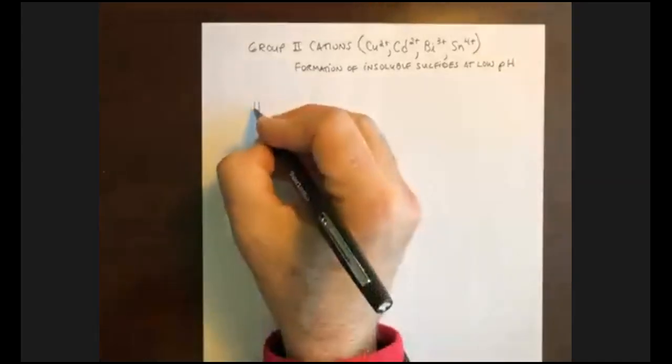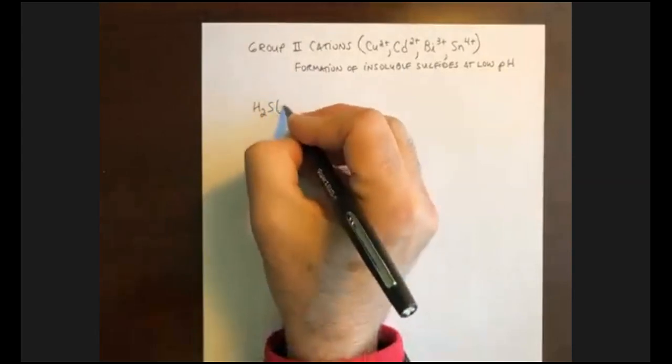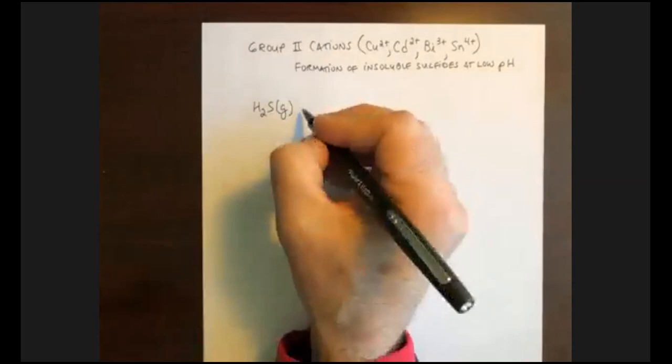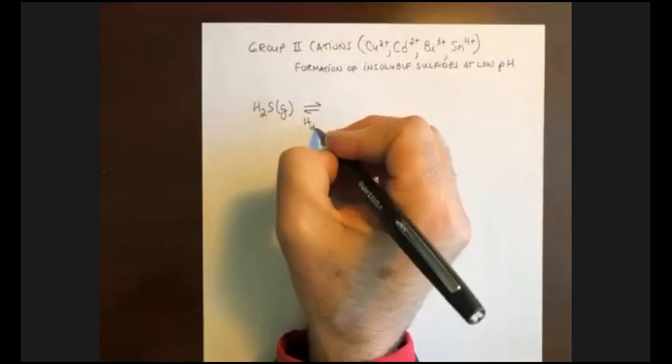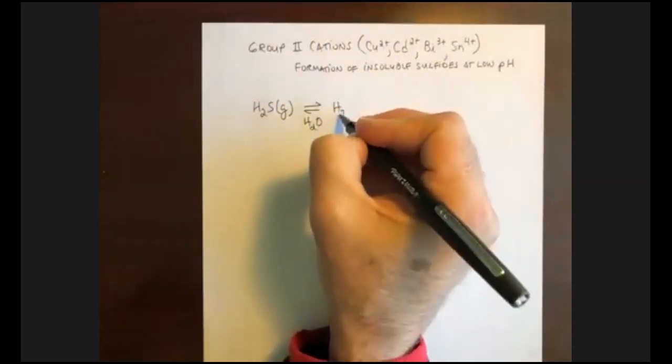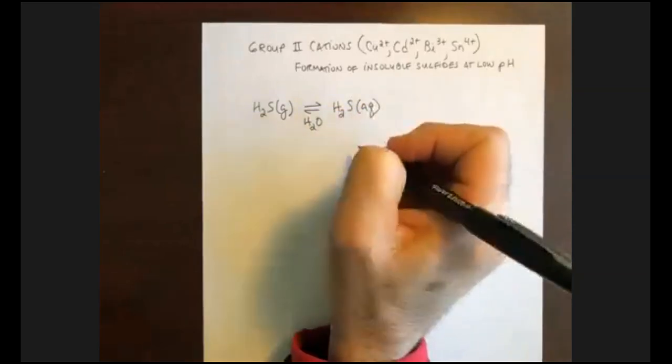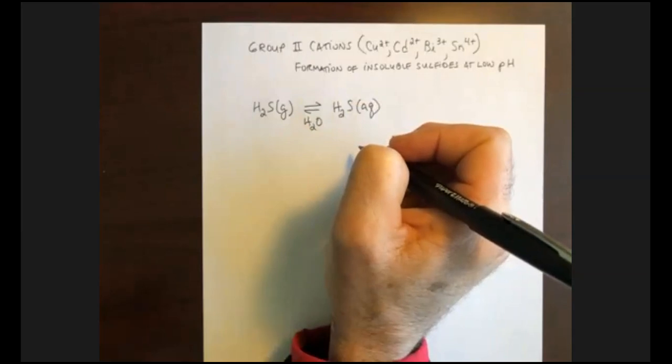Consider hydrogen sulfide, which is a gas. And when you bubble it into water, it forms aqueous hydrogen sulfide. But as you can imagine, it is an acid.